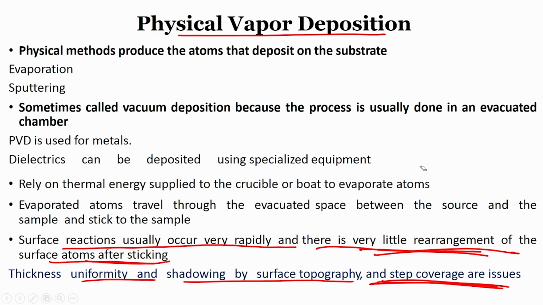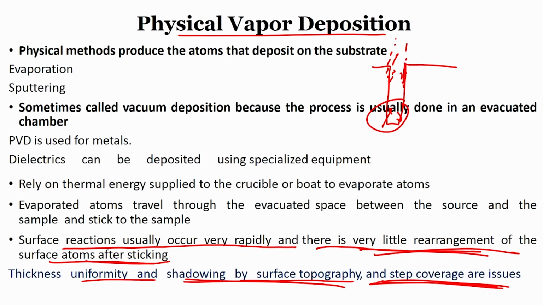Second, there is shadowing by surface topography. We will see what the shadowing effect is. And finally, step coverage is an issue. Step coverage being an issue means if I have a step on which I want to evaporate the material, you will see only this area gets deposited, and this area cannot get deposited because of the shadow.